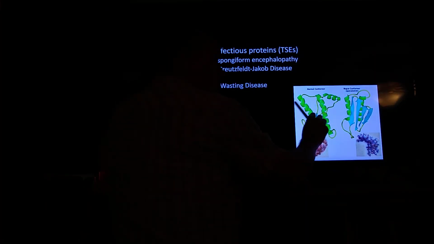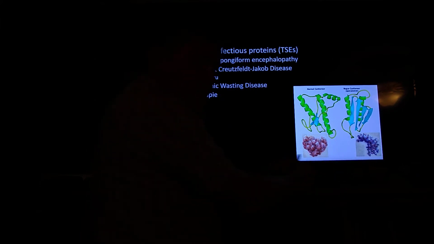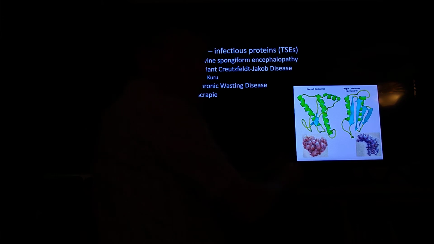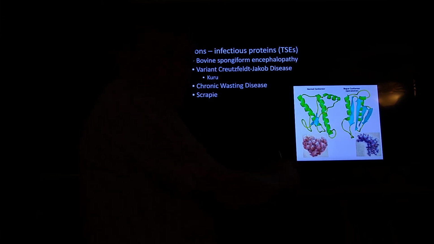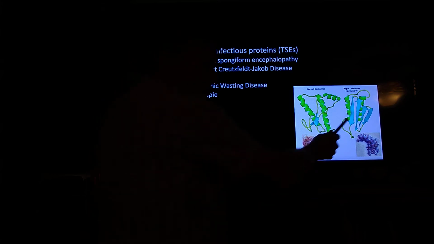But this protein has a job that it does. This broken protein, this rogue conformer, meaning it's got the wrong shape, what it does is it turns the right protein wrong. It's a tool that changes a good tool into a bad tool. That's what this does.